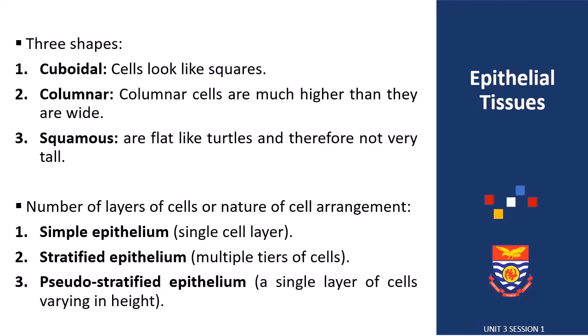For simple epithelium, they are a single cell layer epithelial tissue, and for the stratified epithelium, they could be multiple layers of cells. And for the pseudo-stratified epithelium, a single layer of cells could vary in size. So different cell shapes and arrangements correlate with distinct functions.